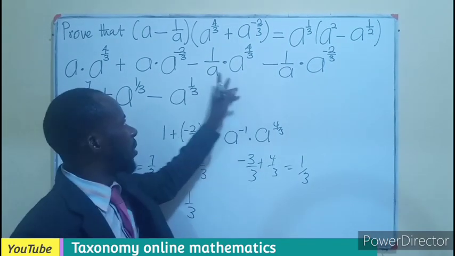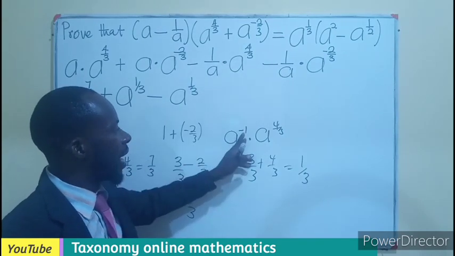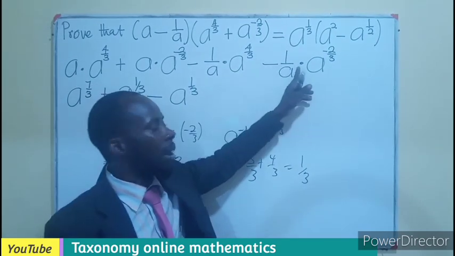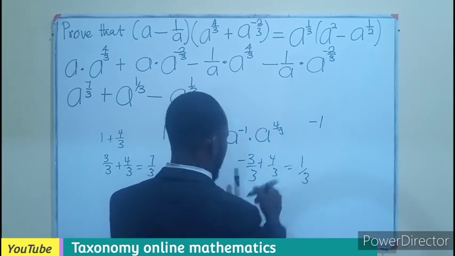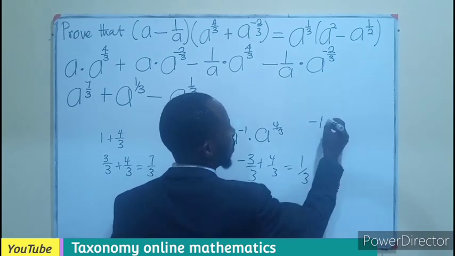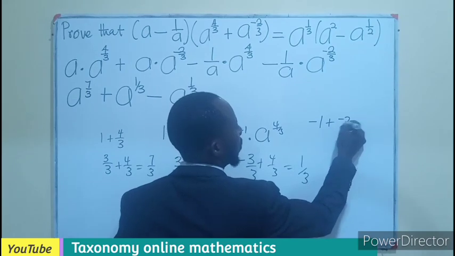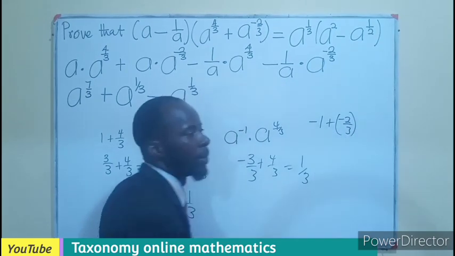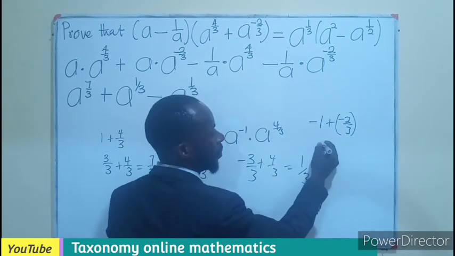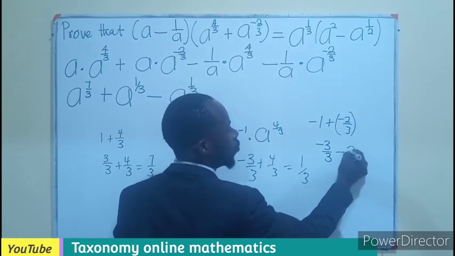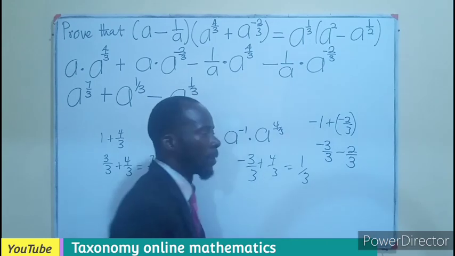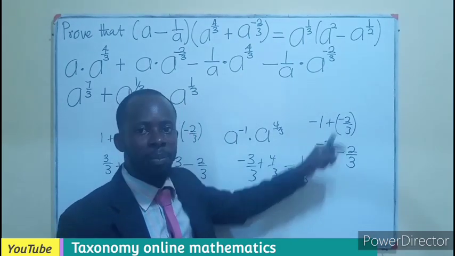Then what we did here by making the exponent negative will happen here as well. So we are going to have minus 1 plus minus 2 over 3, where the minus 1 can become minus 3 over 3 minus 2 over 3, where the negative will take effect for the plus.